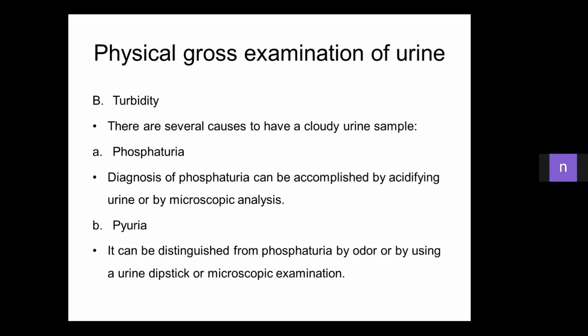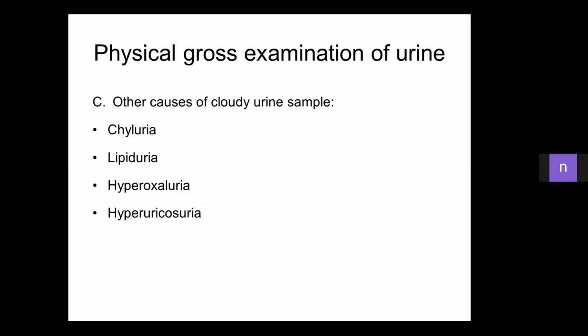And then pyuria can be distinguished from phosphaturia by odor, or by using urine dipstick or microscopic examination. And these are the other causes of a cloudy urine sample: chyluria, lipiduria, hyperoxaluria, hyperuricosuria.